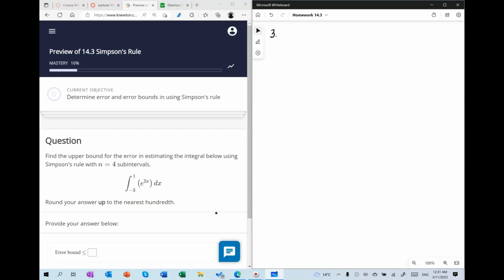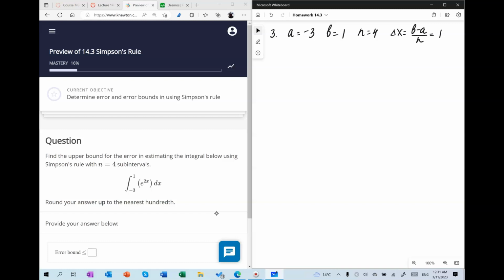In this problem, a is equal to -3, b is equal to 1, n is 4, so delta x is b minus a over n. Oh, that was quick.